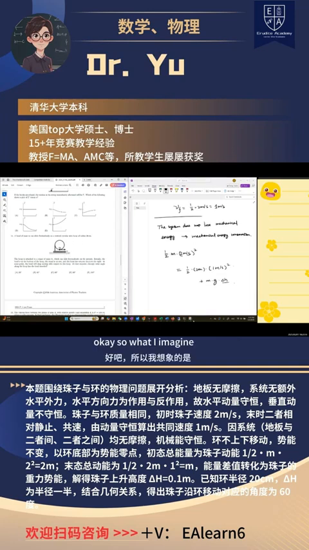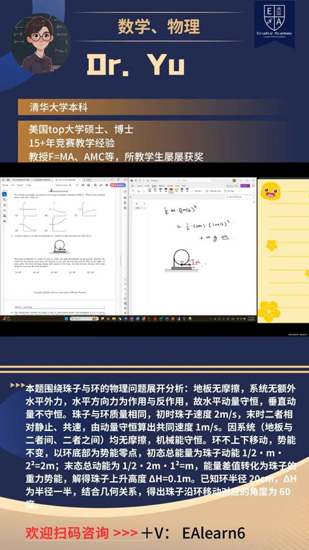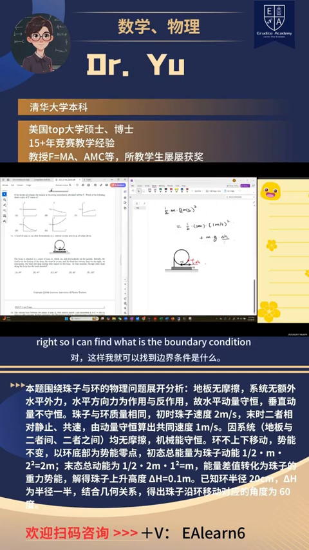So what I imagine is that at some point the system will behave this way. The bead m may be here, and the whole thing will move with 1 meter per second, and this distance is delta H. Because the energy is conserved, this must be equal, so I can find delta H. Let's solve it.